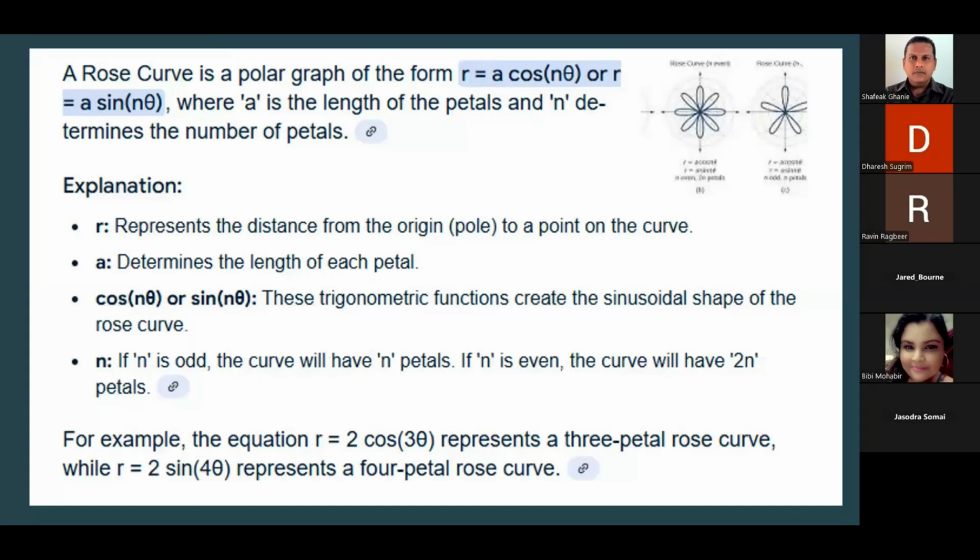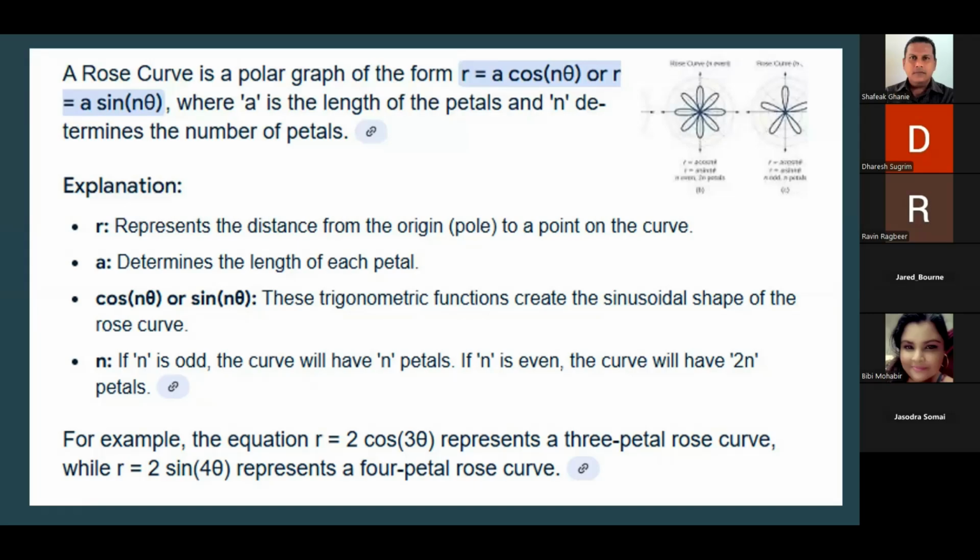If n is odd, the curve will have n petals. And if n is even, the curve will have 2n petals. So for any even n, the number 2 will be in front. n signifies the number of petals. So for odd, you just have the number of petals, but if n is even, you have 2 times the number.